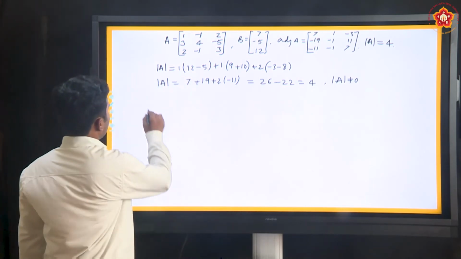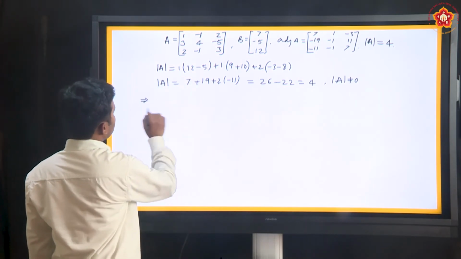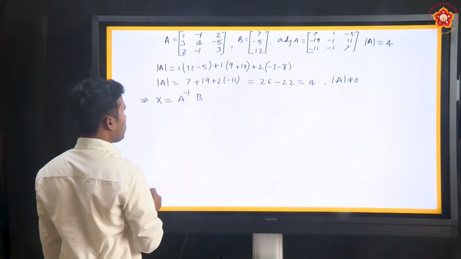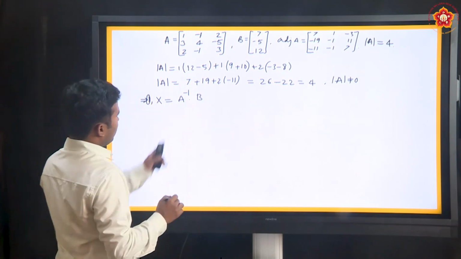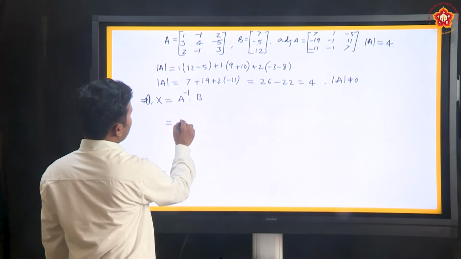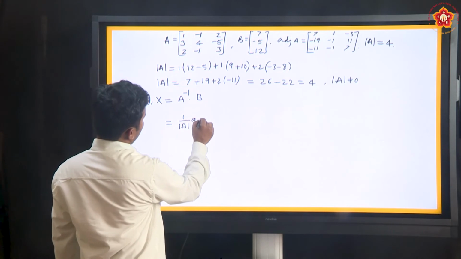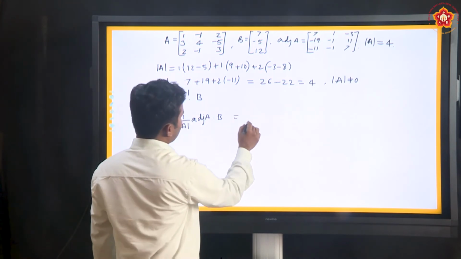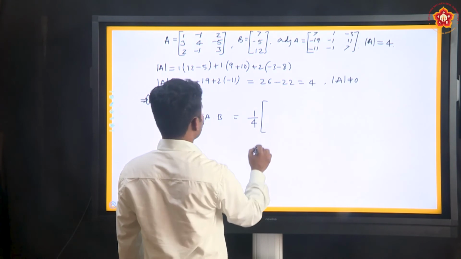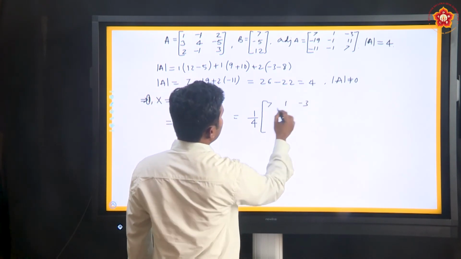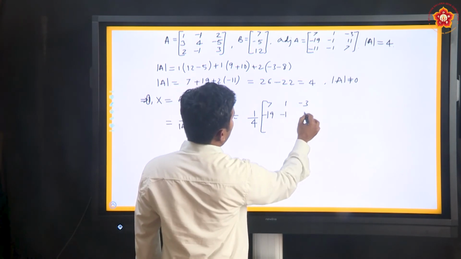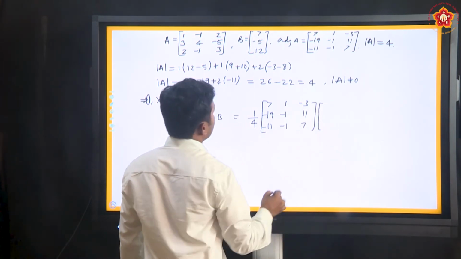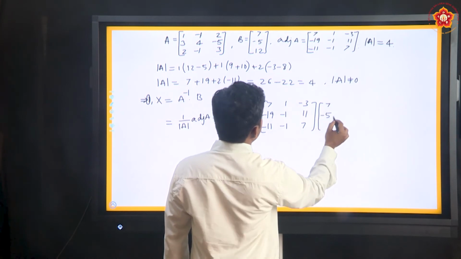Now, by equation 1, X is equal to A inverse into B. As you know, A inverse is 1 by the determinant of A into the adjoint of A, into B, which is equal to 1 by 4 into the adjoint of A, which is 7 1 minus 3, minus 19 minus 1 11, minus 11 minus 1 7, into B. What is that? 7 minus 5, 12.